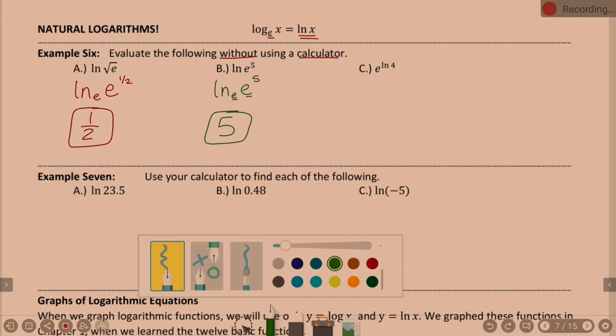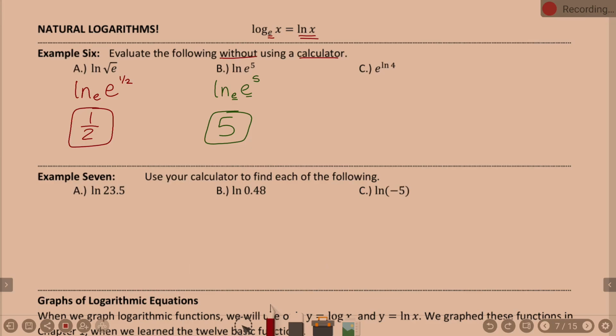And what about C? 4. Why is it equal to 4? Because this is a base e here, and what's the base of this log? E. When those e's match, it's equal to that right there.